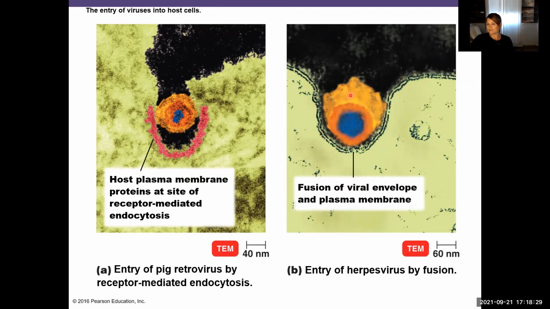And that means that the virus can just make its way in, because now the viral envelope has become part of the plasma membrane of the host cell. That releases the capsid into the host cell, leaving the envelope behind as part of the host cell membrane.